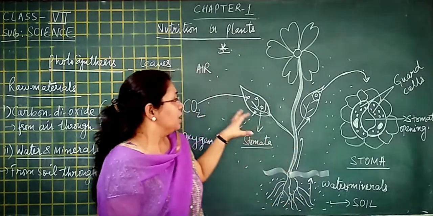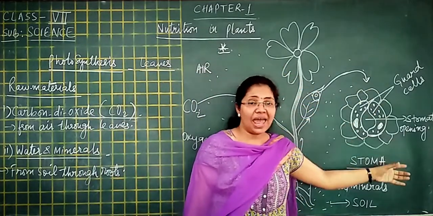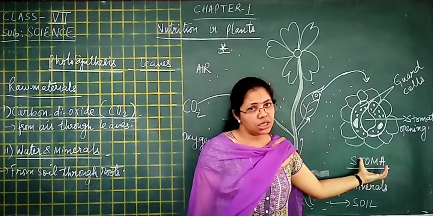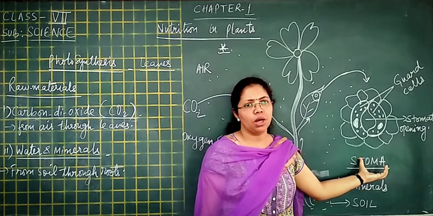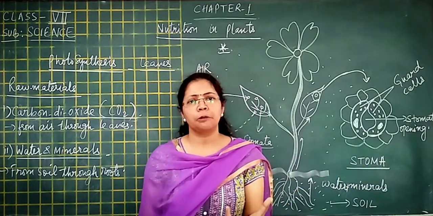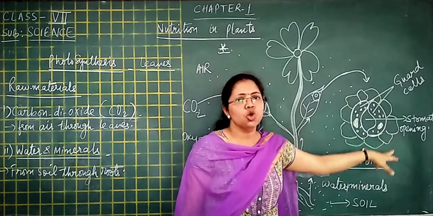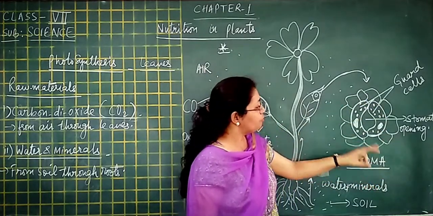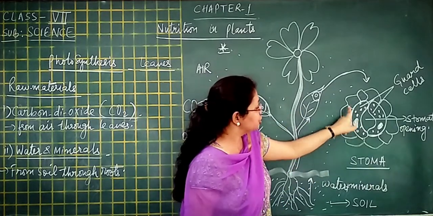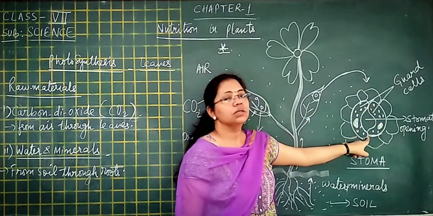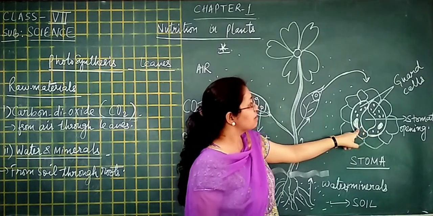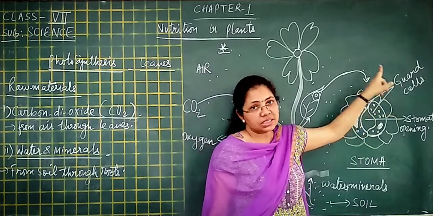Now, let's see what is the exact structure of a single stoma. These are tiny pores, we are saying. The structure of a single stoma is comprised of two bean-shaped cells which are referred to as guard cells.